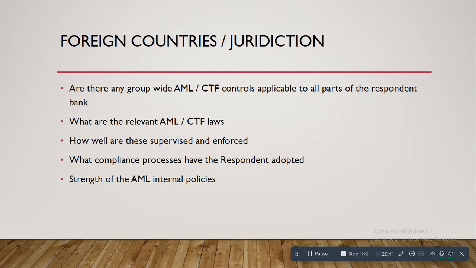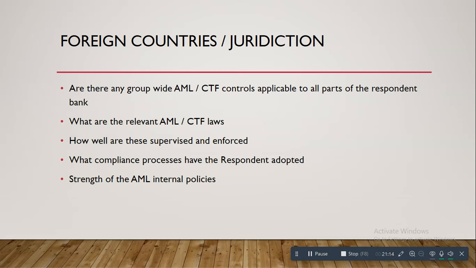If the correspondent bank is from the UK and the respondent is from the US, the UK might check what AML CTF regulations or laws are followed in the US, how it is governed, how well they are supervised and enforced. They will also see how the respondent bank has been supervised and how these laws are enforced within the bank.